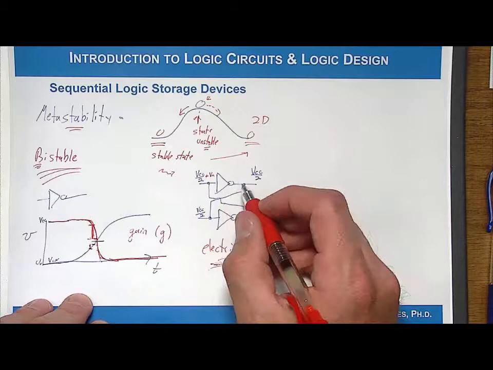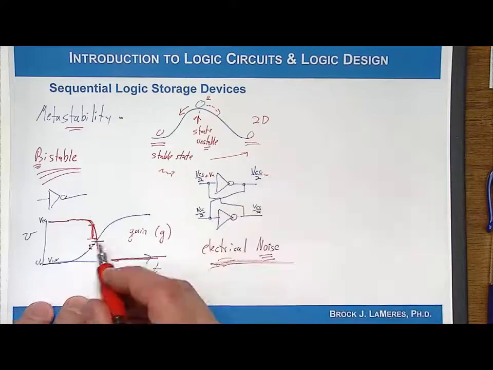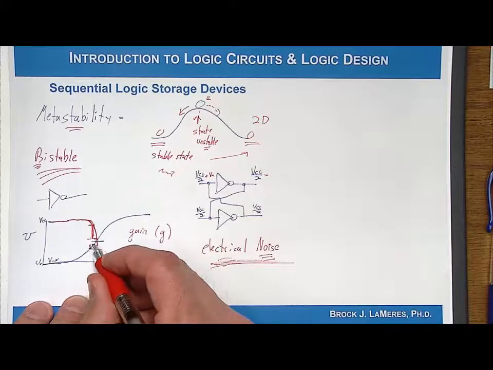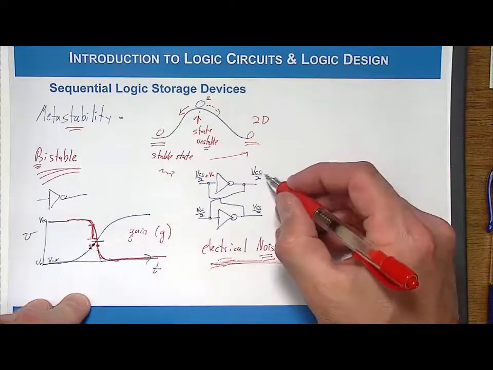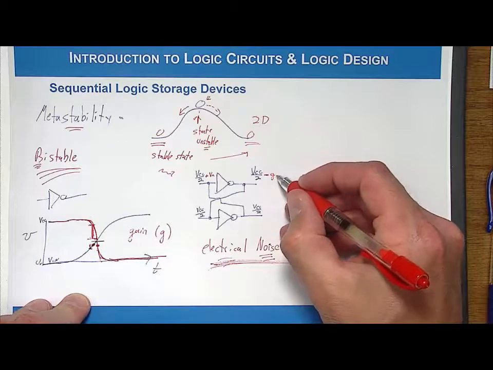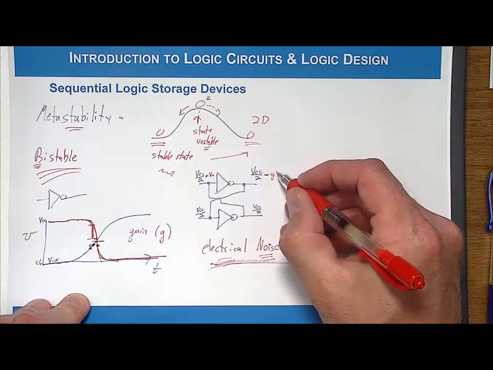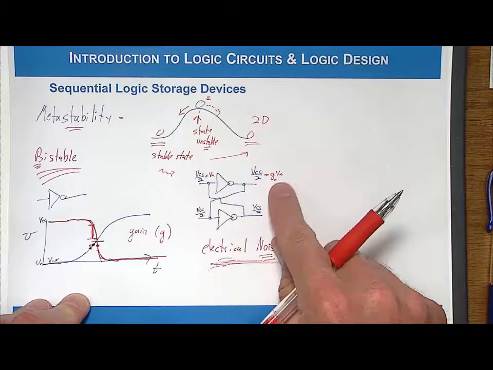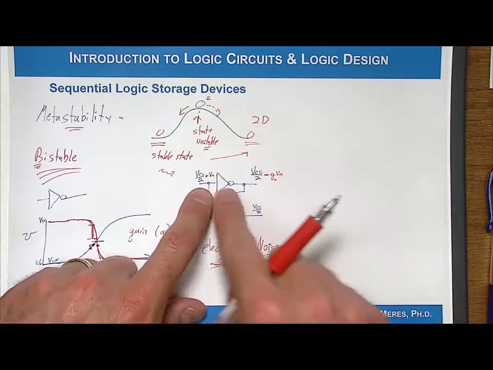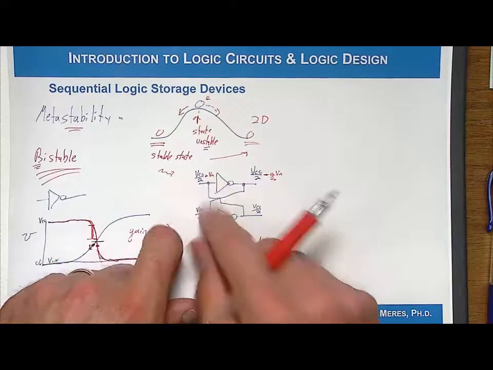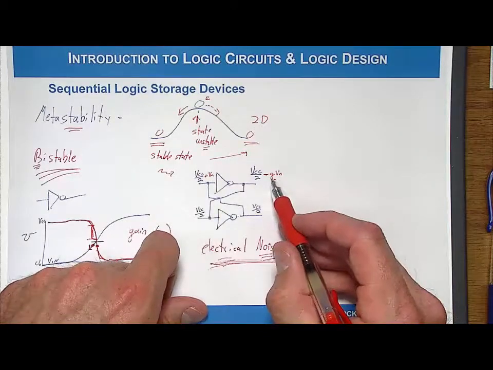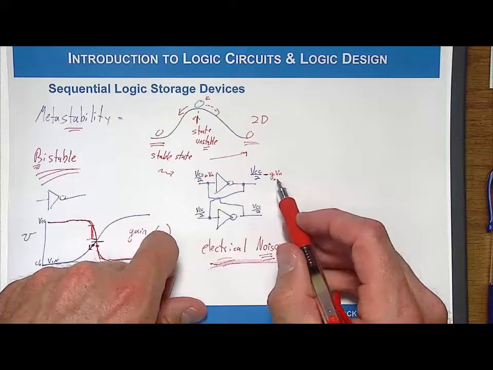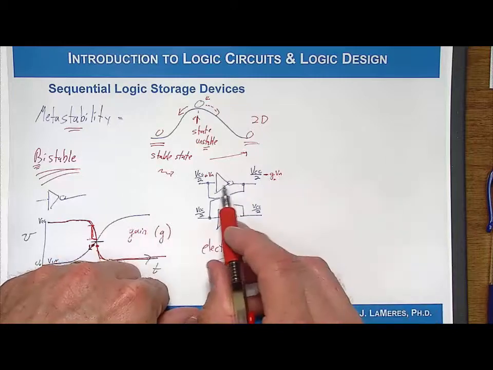So when you come over to here, it's going to go the opposite way. If you had noise that was moving over here, for example, the output would go the opposite way. So you actually would have what we would call negative G times Vn, and G represents the gain. So if you had a picovolt here for Vn, you might have 10 picovolts over here, or a negative 10 picovolts. And so it's getting bigger as you go through this device.